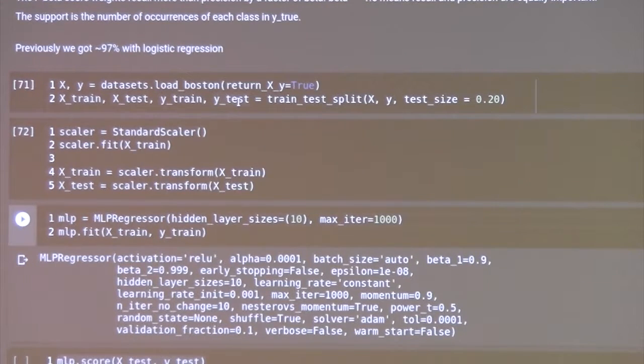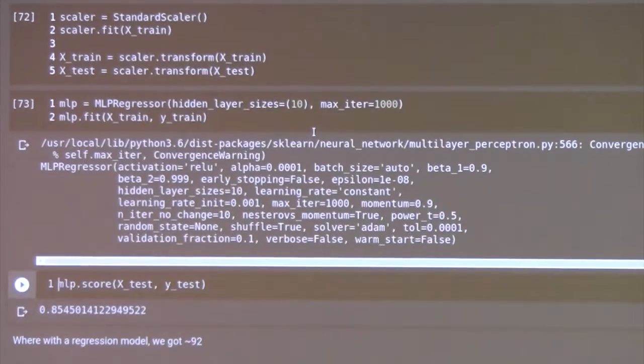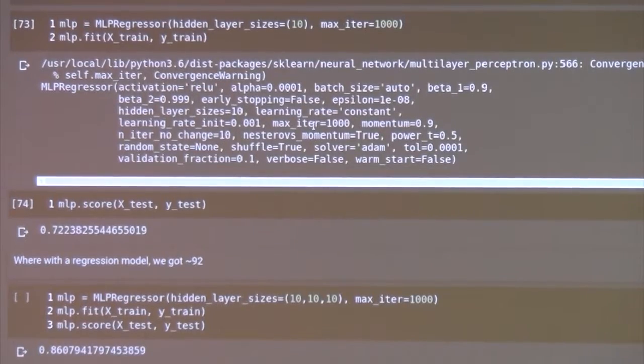Okay, and if we run that, we can see the score, it's at 72%, which admittedly is not super great, because with the other regression model, we got 92%.